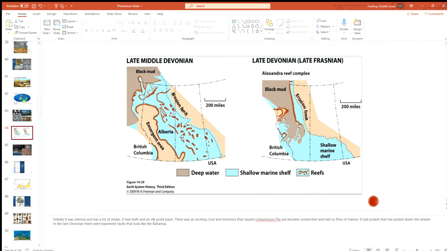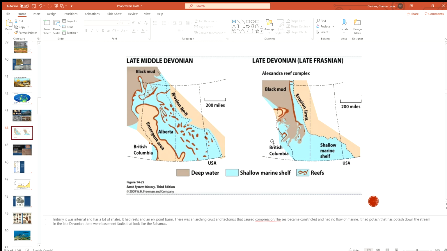The sea became constricted and had no flow of marine water. It had potash downstream, which is right here. It has a lot of potash. And then in the late Devonian, there were basement faults that look like the Bahamas. Yeah, so basically this became this. That's basically everything he said in those 10 minutes.